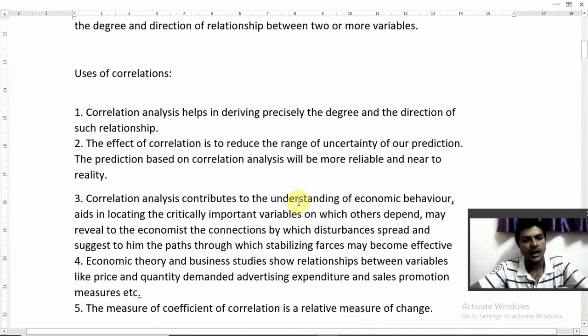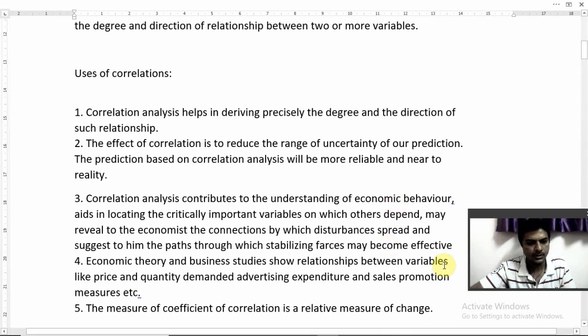contributes to the understanding of economic behavior, aids in locating the critical important variable on which others depend, may reveal to the economist the connections by which disturbance spreads, and suggest to him the path through which stabilizing forces may become effective.